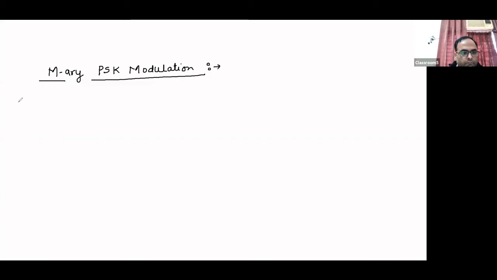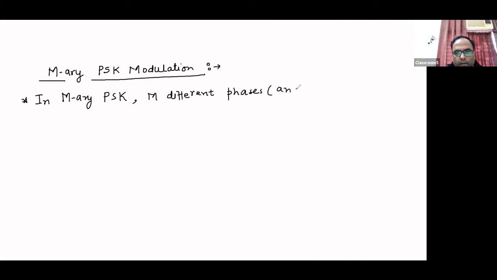So what we can write down here is that in M-ary PSK, we should have M different phases or angles to represent M symbols, right? So this is the prime objective.